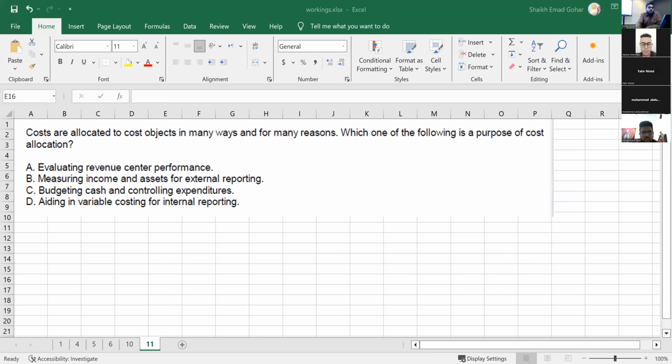So my friends, costs are allocated to cost objects in many ways and for many reasons. Which one of the following is a purpose of cost allocation? I'm giving you 1 minute for this. Try this and tell me the answers.